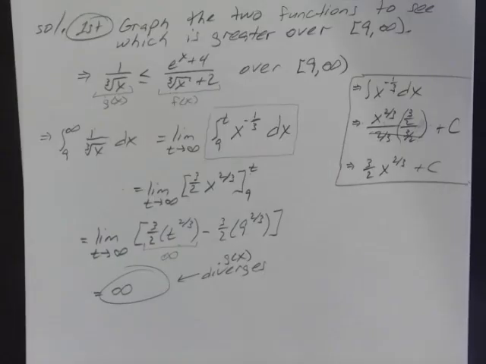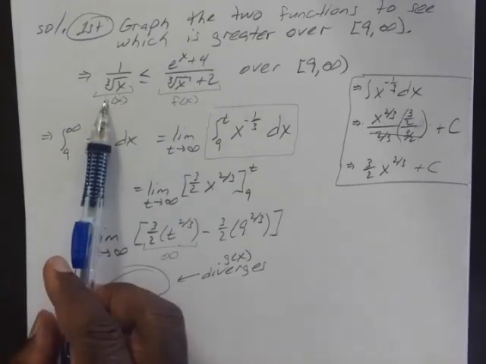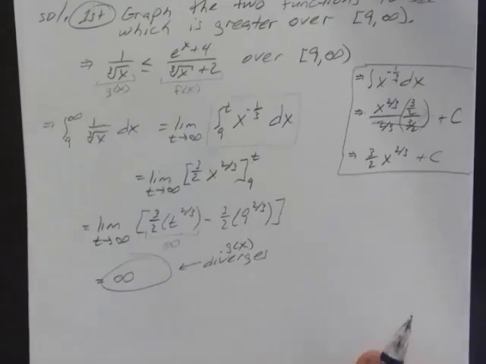So we know from definition A that if g of x diverges and it's less than your f of x, then f of x diverges.